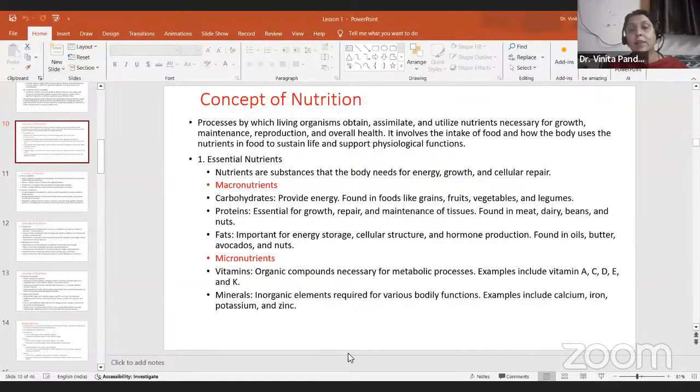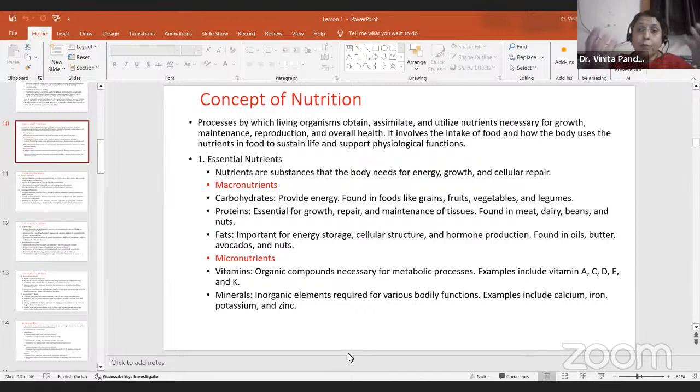Now, let us say you think that, okay, I will have my dinner every day at night, 11 o'clock, 11:30, and of course, your digestion system will be impacted with it. So, when you talk about nutrition, it involves the intake of the food and how the body is using that entire nutrition for its functioning, because the entire body has multiple organs, millions of cells, all those cells require intake.